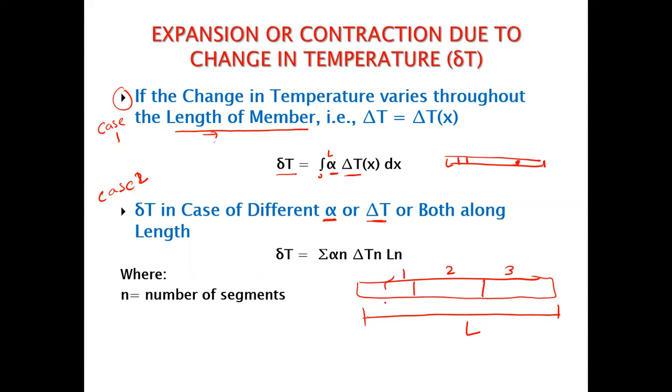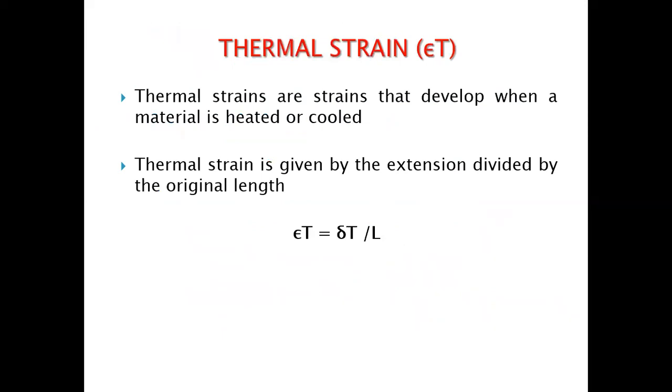The length, alpha and delta T of each segment will be different, so they will be represented by alpha n, delta T n, and length n, where n is the number of the segment. It may be 1, 2 or 3.